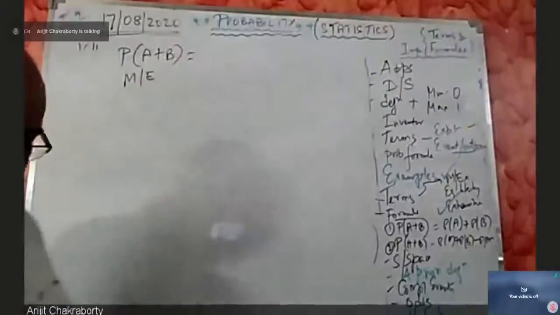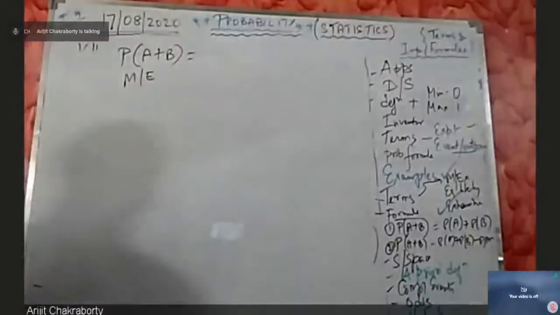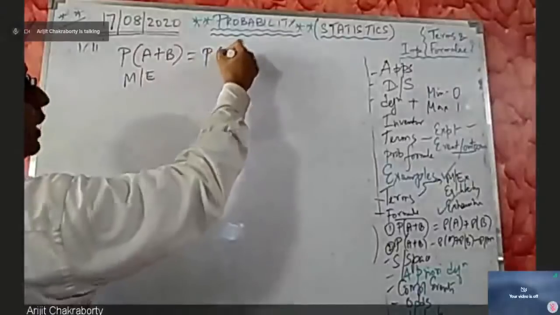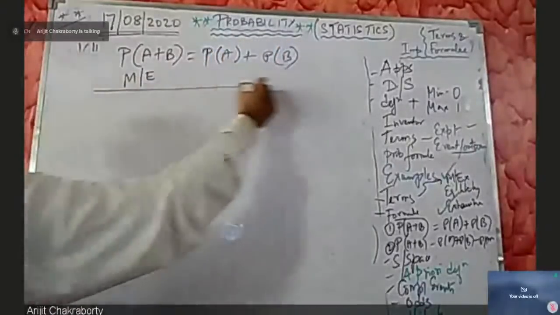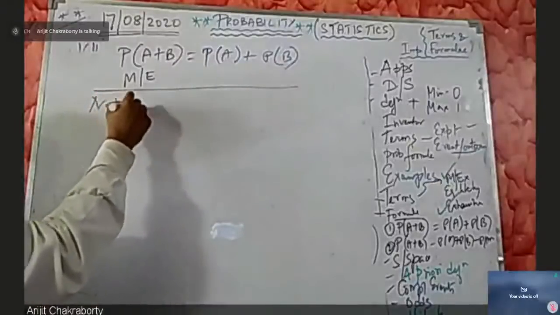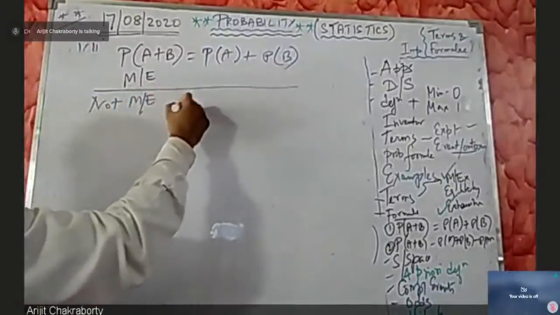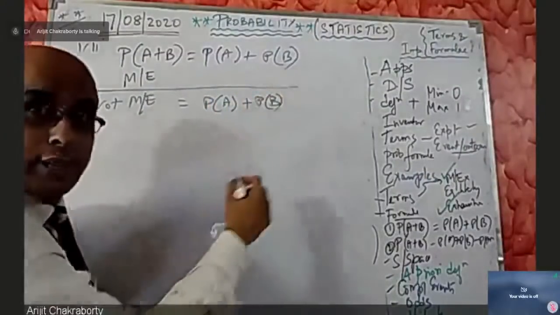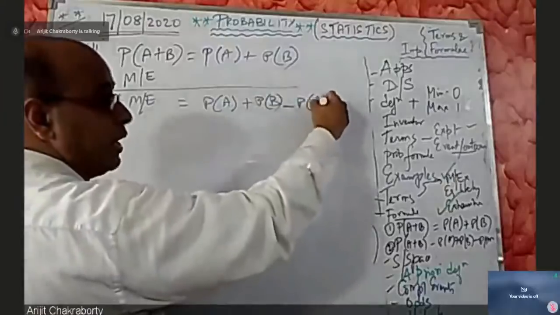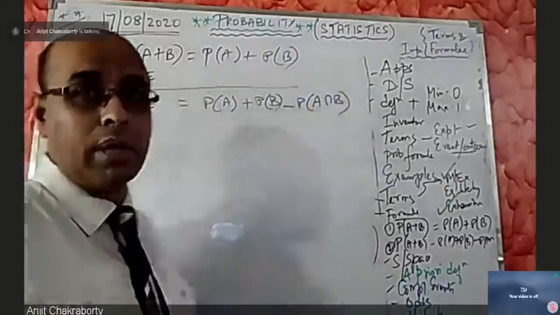Please remember, for mutually exclusive events, the formula for P(A plus B) is P(A) plus P(B). If it is not mutually exclusive, then it is P(A) plus P(B) minus P(A intersection B). Please remember this.